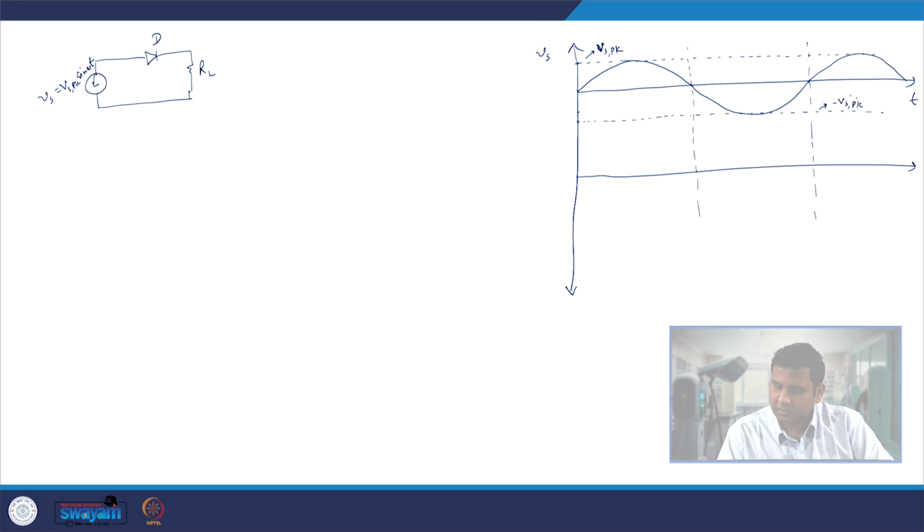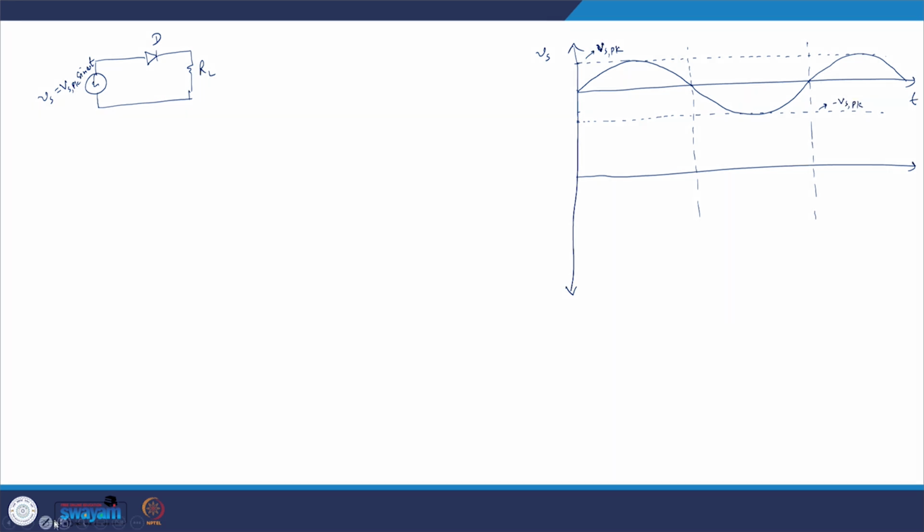The distance from here to here is Vs peak. And let us also define one term, T, which is nothing but the time period between the starting of the cycle and the ending of the cycle.